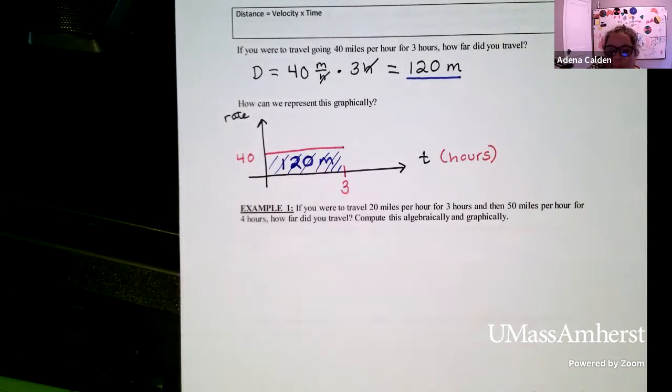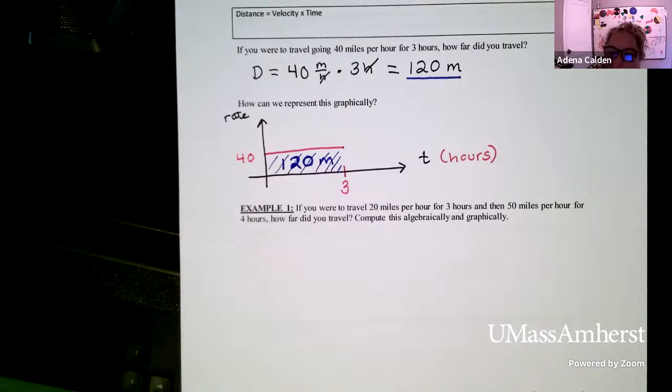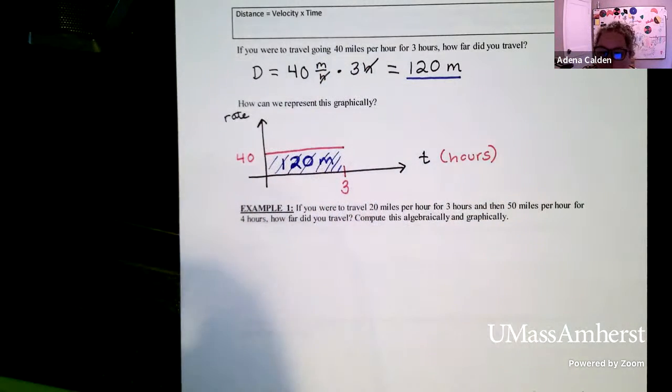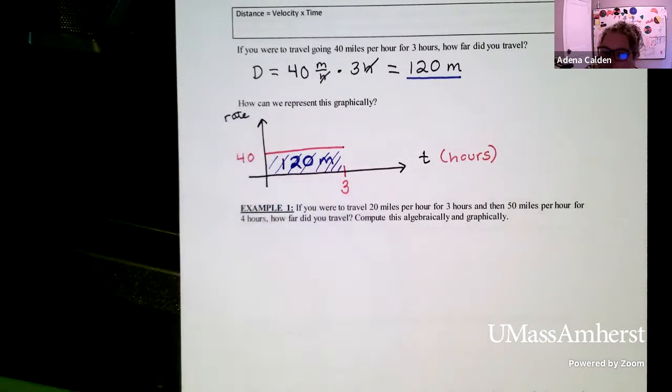Okay, so I'm going to give you 2 minutes. This is not any more difficult than you think it is, right? It's not super difficult. It's what you think. You're going to be multiplying distance times time plus distance times time, and then thinking about how you can translate that in this similar way.